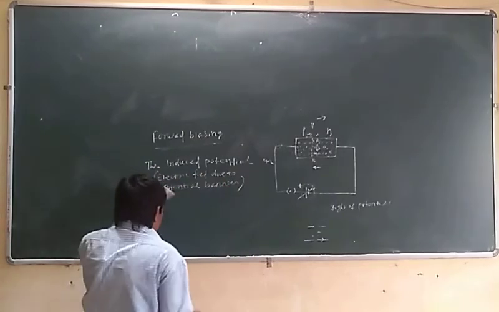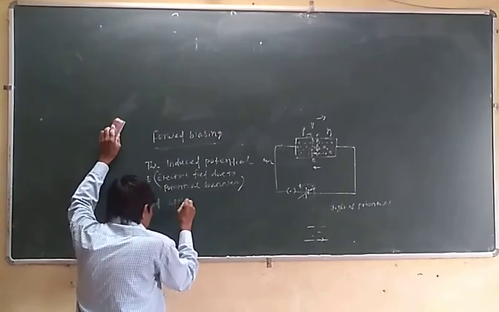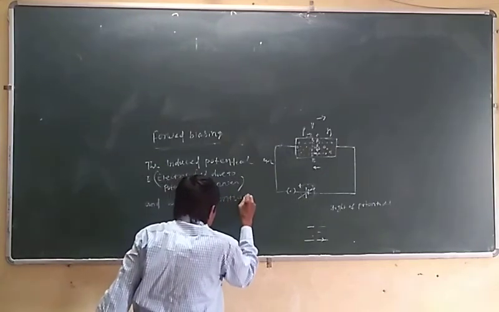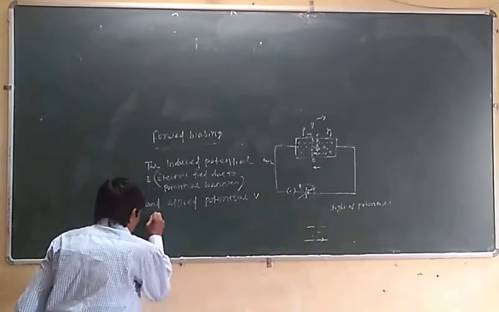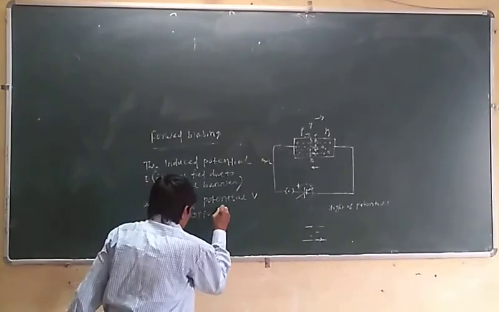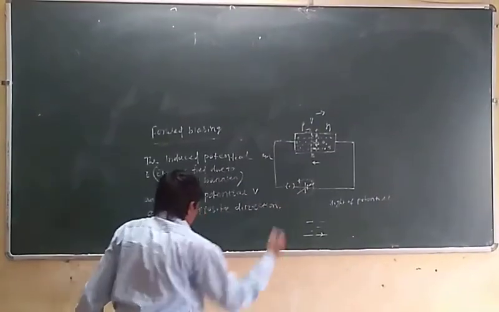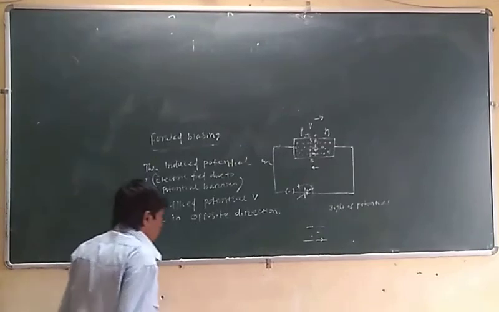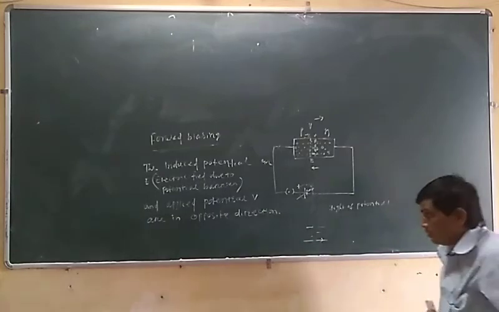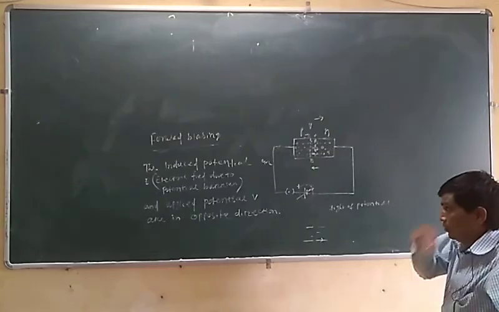This induced potential and the applied potential V are in opposite direction. So these two potentials are opposite in direction. Then we see what happens. The resultant, the potential E and V are opposite in direction.